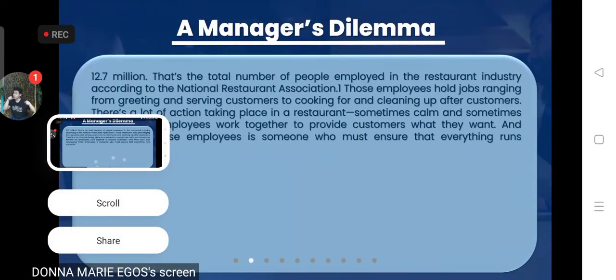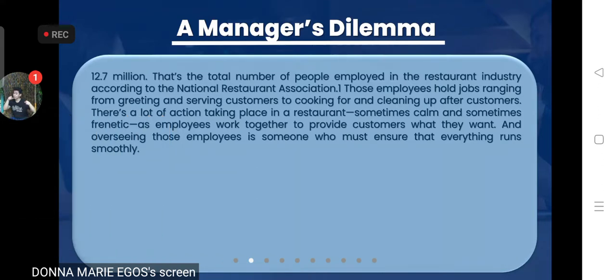Those employees hold jobs ranging from greeting and serving customers to cooking for and cleaning up after customers. There's a lot of action taking place in a restaurant, sometimes calm and sometimes frenetic, as employees work together to provide customers what they want. And overseeing those employees is someone who must ensure that everything runs smoothly.